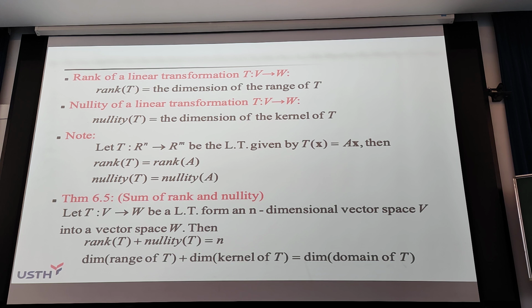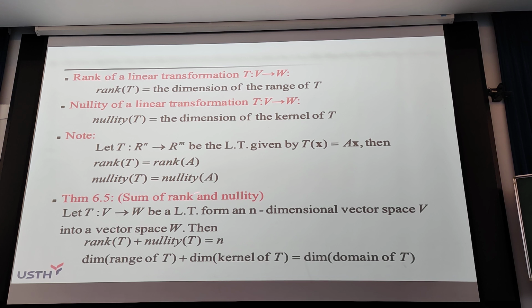And you know, in case T from Rn into Rm is given by a matrix A x like that, then the rank of T is also the rank of the matrix A. And the rank of a matrix A, we know already how to find it. And also the nullity of T equals the nullity of the matrix A, and that we also know already how to find.